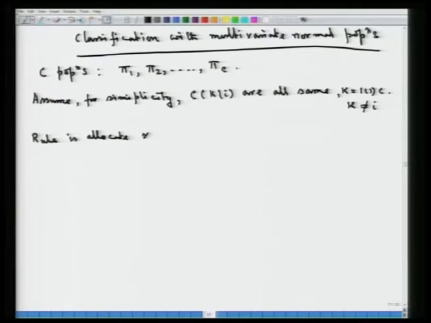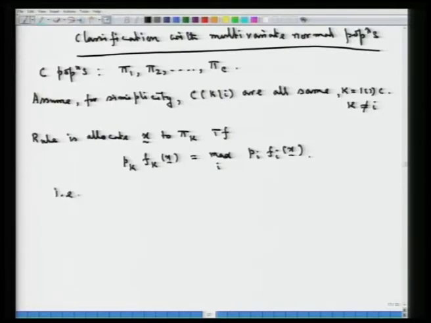The rule is: allocate x to pi k if p_k f_k(x) is equal to the maximum over i of the quantities p_i f_i(x), that is, if we have the log of p_k f_k(x).